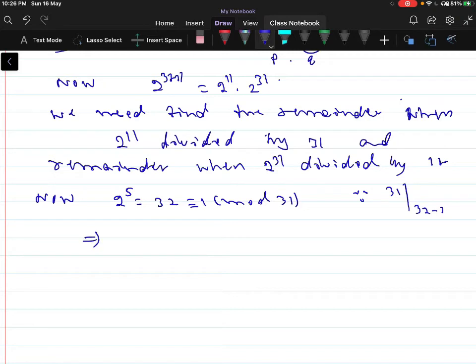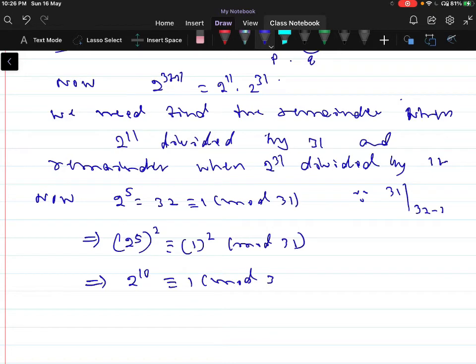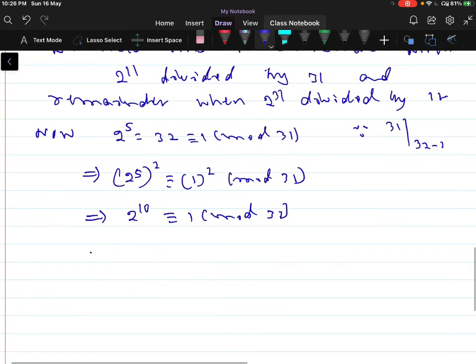So this implies (2 power 5) whole square is congruent to 1 square modulo 31. So this implies 2 power 10 is congruent to 1 modulo 31. Multiplying throughout the equation by 2, 2 power 10 into 2 is congruent to 1 into 2 modulo 31.